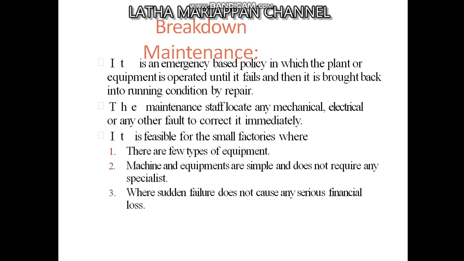The maintenance staff locate any mechanical, electrical or other fault and correct it immediately. It is feasible for small factories with few types of equipment, where machines are simple and do not require any specialist, and where sudden failure does not cause any serious financial loss. That's breakdown maintenance.